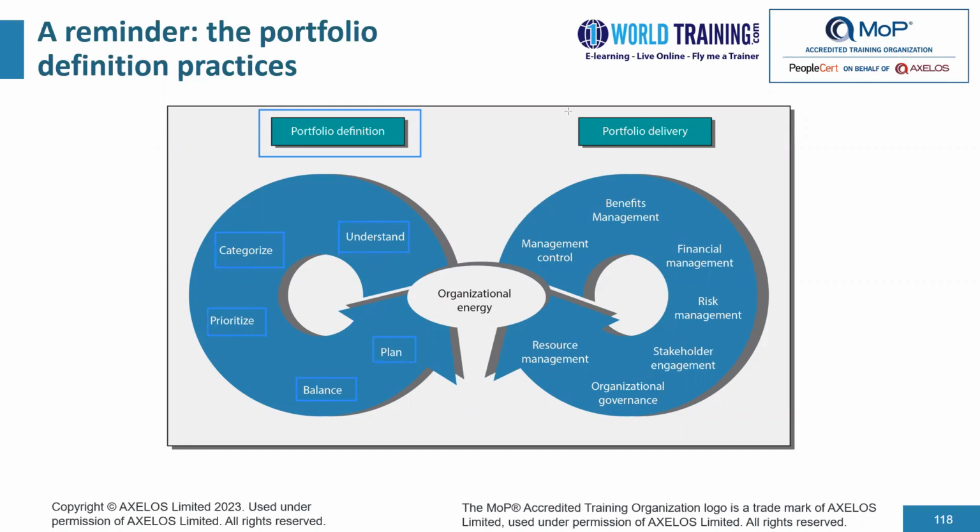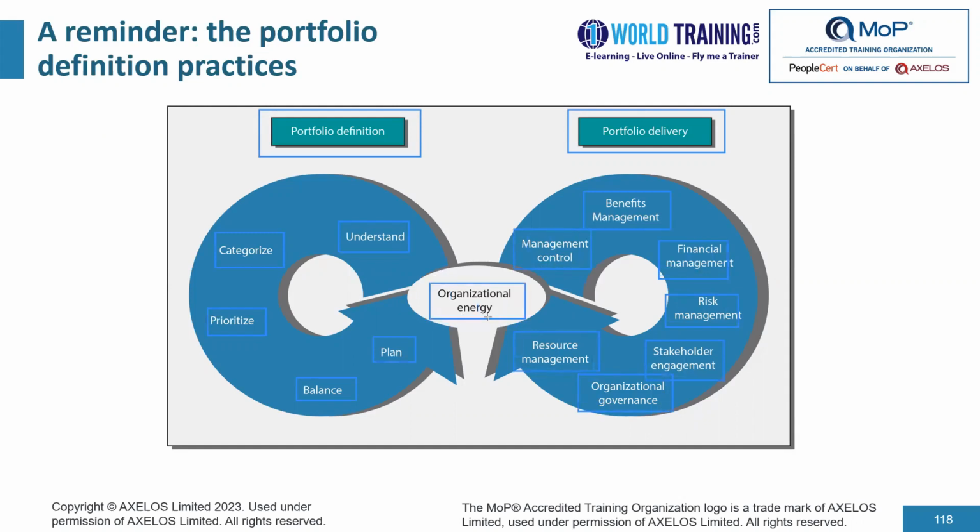And the second cycle that we're going to study is a portfolio delivery cycle, which contains 7 practices, i.e. benefits management, financial management, risk management, stakeholder engagement, organizational governance, resource management, and management control. And both of these cycles are bounded by organizational energy.